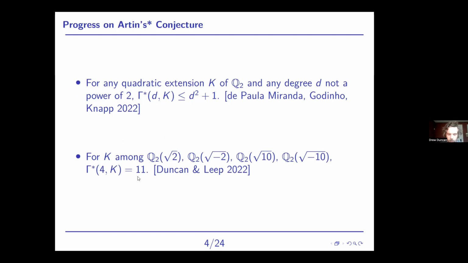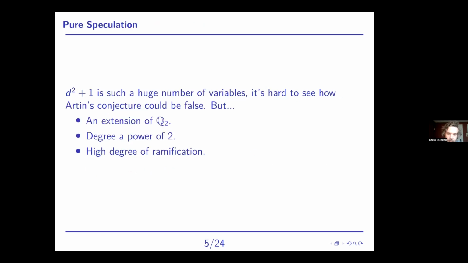For degree 4, we see that 11 is, well, it's not quite 17, but it's quite a bit closer to d squared plus 1 than many of the other results for exact values that we have. And for a variety of reasons, we might expect it to be in an extension that has a high degree of ramification.